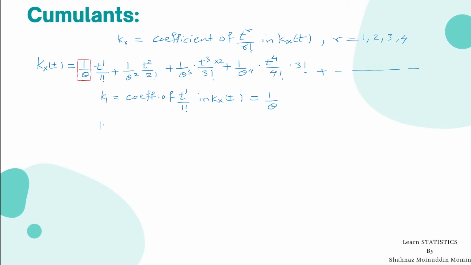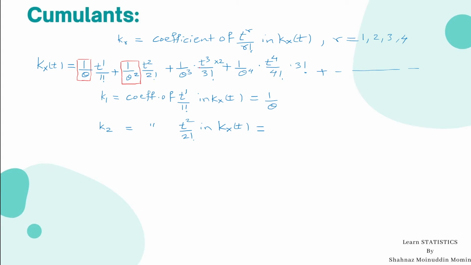Next cumulant k2 is equal to the coefficient of t square by 2 factorial in K_X(t). Here the coefficient of t square by 2 factorial is 1 by theta square.